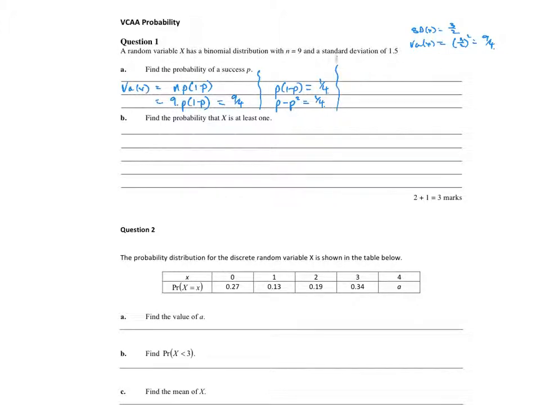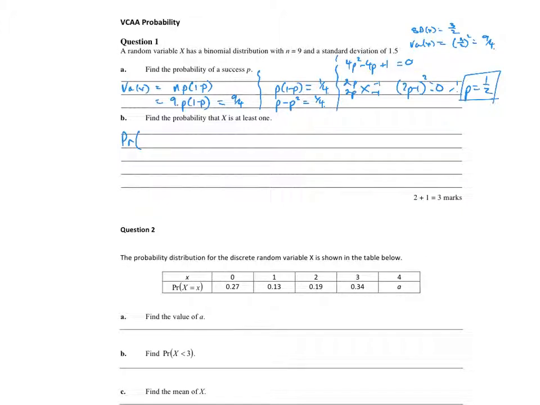That's going to give me 4p squared minus 4p plus 1 equal to 0. So I reckon if I do 2p and 2p, negative 1, looks about right. I'll get (2p minus 1) all squared is equal to 0, therefore p is equal to a half. So there's my probability.